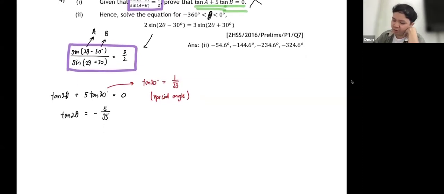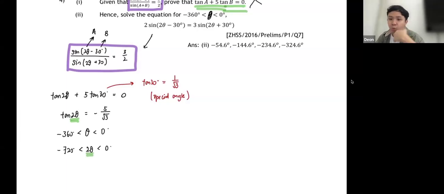So now my range, instead of negative 360 to 0 for theta, I need to make it match. Once I make it match, that is me satisfying the range part. This is the first time that we are doing this range part for the whole question. I've never done it yet.